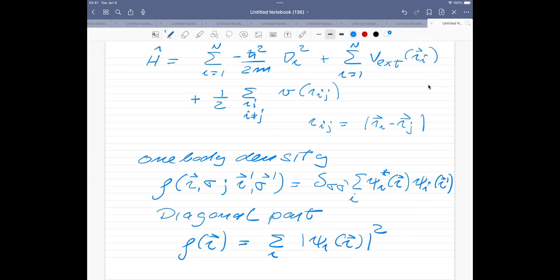Because in principle, the quantity which you see here is actually calculated from a specific expectation value.